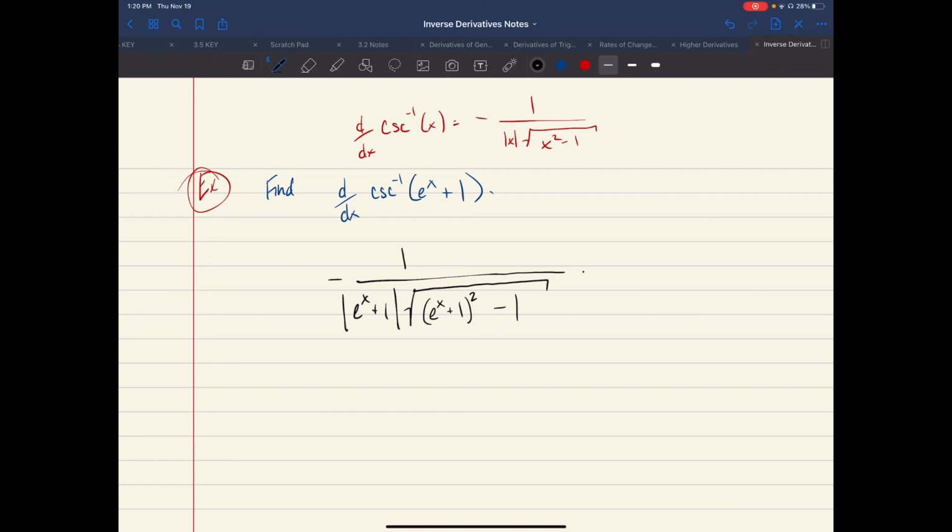So e to the x plus 1, the derivative is just e to the x. And so this unsimplified monstrosity is negative e to the x divided by e to the x plus 1, absolute value of that, times the square root of e to the x plus 1 squared minus 1.